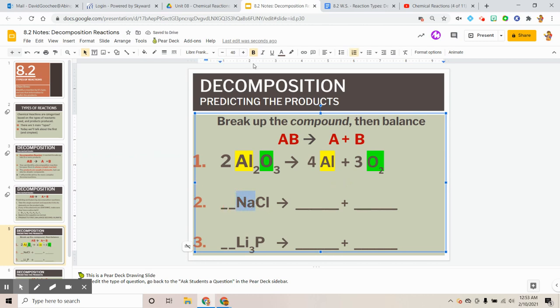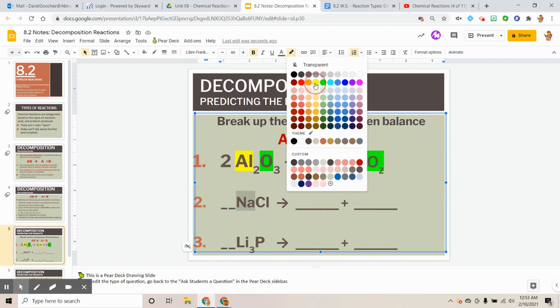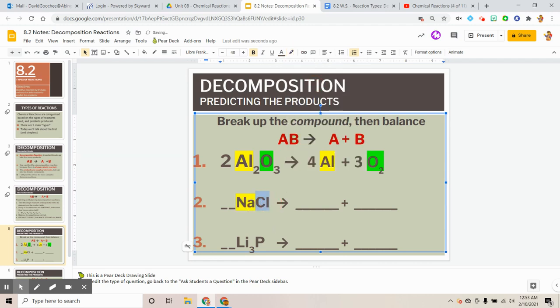All right, well, we've got Na is 1 of the elements. Cl is the other element. So if this thing decomposes, it's going to produce Na as one of the products and Cl as the other product. Now, what I need to do is I need to check and see, are either of these diatomic elements?